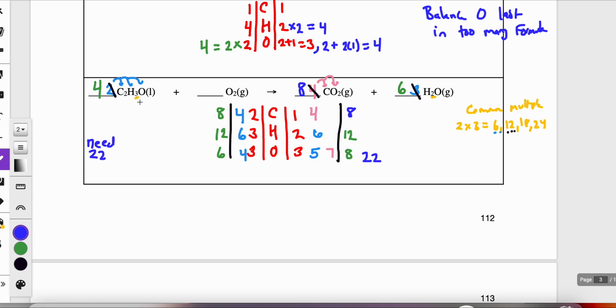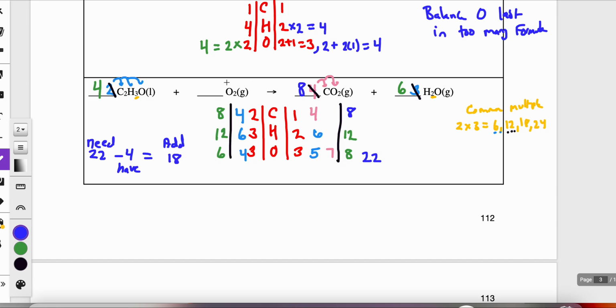But I have oxygen here. I already have 4 accounted for. So this is what I need. The 4 is what I have. So this is what I have to come up and have to add. So 22 minus 4 means I need to come up with another 18 oxygens.